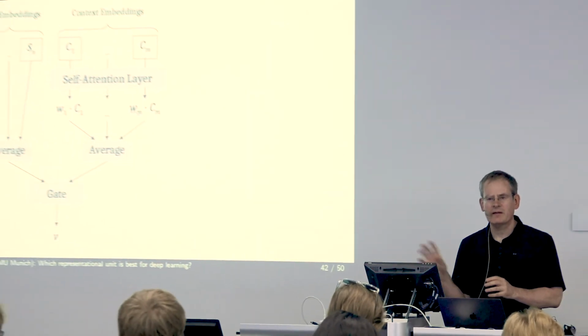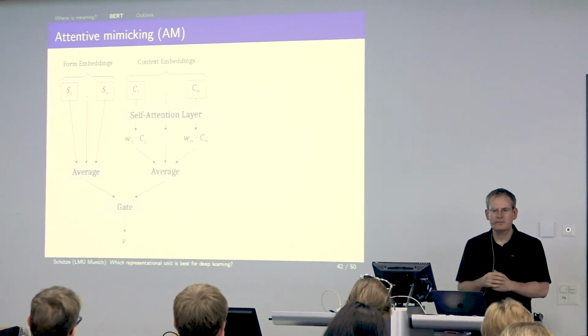So meaning and text are actually learned independently. The textual representation of a word is learned independently from the meaning of the word. The model actually tries to get around that, right? So that's why we have these two parts. The textual representation is the form embeddings, and the context is the context embeddings.